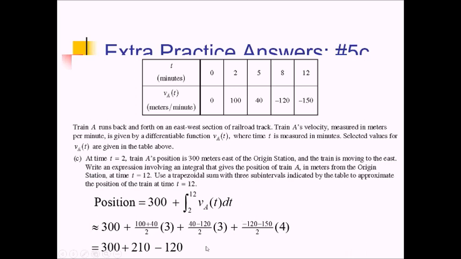Let's see, negative 450. There we go. So going from left to right, we've got 510 minus 120 is going to be 390, minus another 450 is going to be negative 150 meters, which I could also call 150 meters west of origin station.